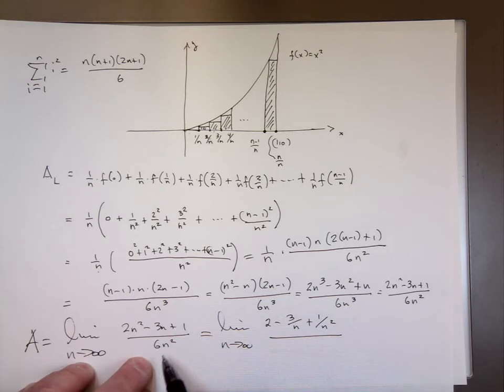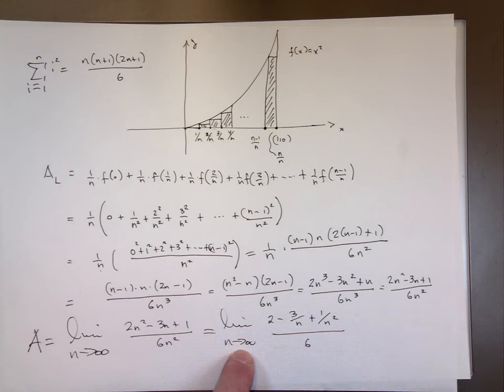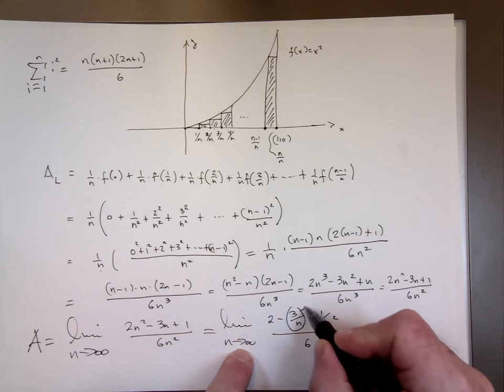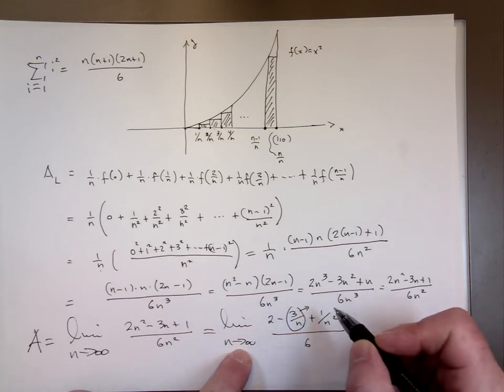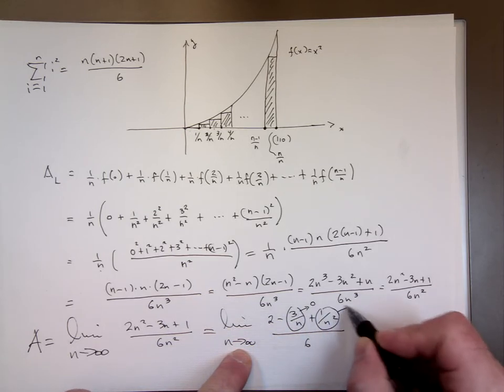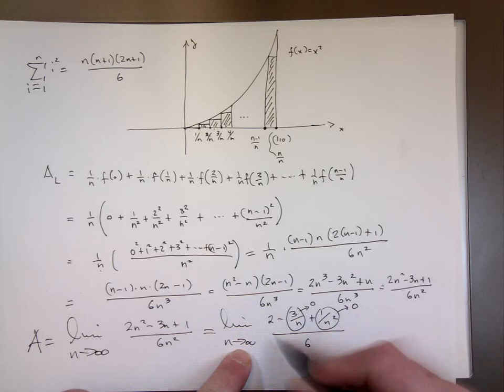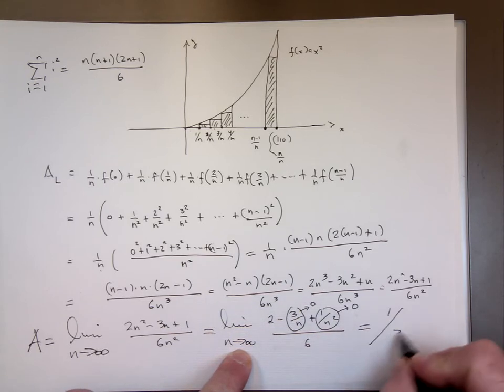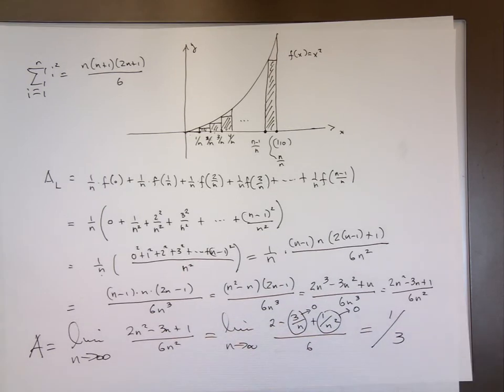Now as n goes to infinity, what happens to 3 over n? It goes to 0, thank you. And 1 over n squared goes where? 0. You end up with 2/6, 1/3. Okay? We get 1/3 for the area under that curve in terms of its left endpoint rectangles by letting the number of such things go to infinity.